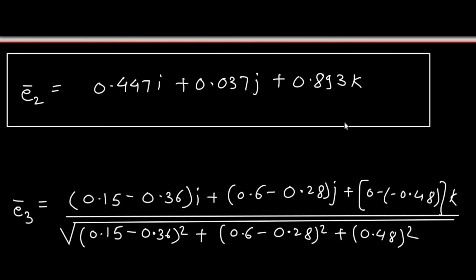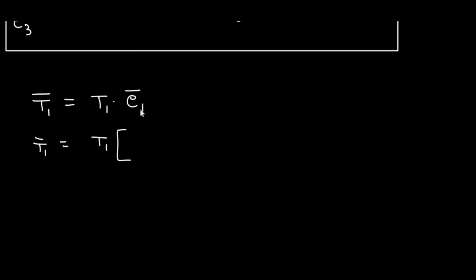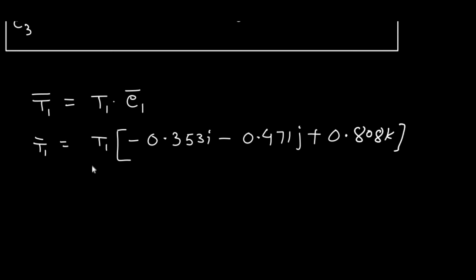So we will write this unit vector here. So that is minus 0.353i minus 0.471j plus 0.808k.